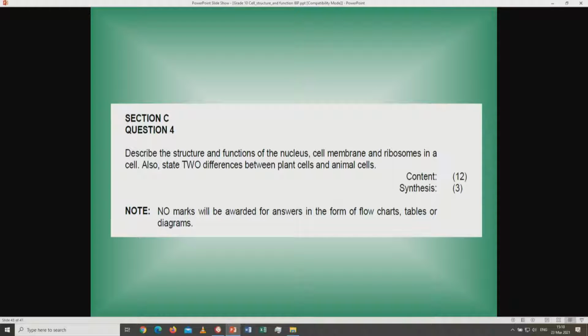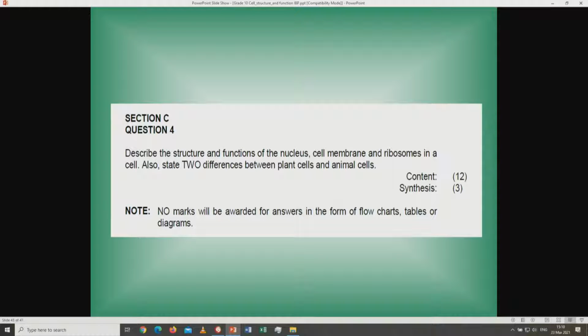Now remember, we already went through the tables of the differences between plant and animal cells, and now we're just going to answer this in a little bit more detail. Remember, there are a lot of reasons for each of them, but you just have to give, as I said, describe and label.